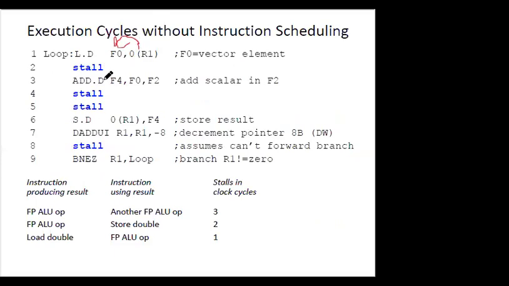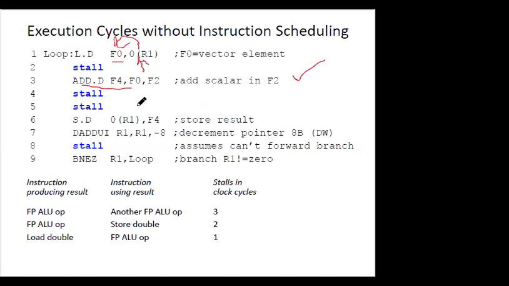Then, as the next instruction depends upon the previous instruction, it has some dependency. So this instruction cannot execute until the F0 value is updated. So there will be a stall for the execution of the next instruction till this part is completed. So it has to wait.